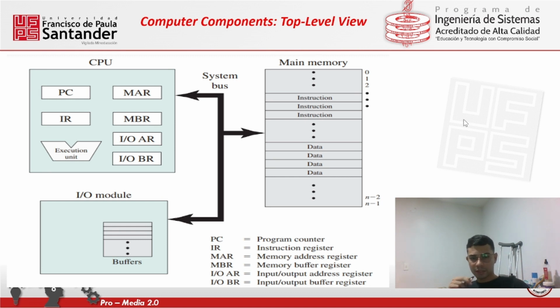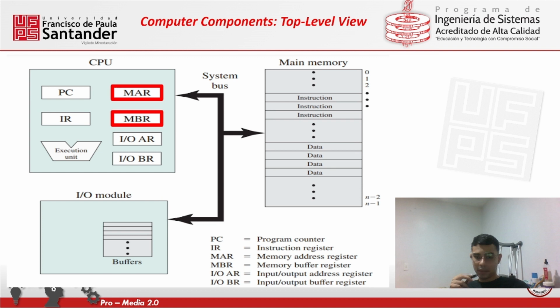To accomplish this, it typically utilizes two internal registers: the memory address register, MAR, which specifies the specific location in memory to read from or write to, and the memory buffer register, MBR, which stores the data to be written to memory or receives data read from it.